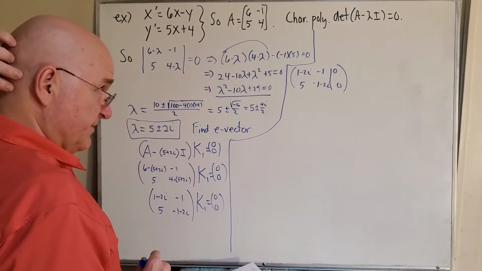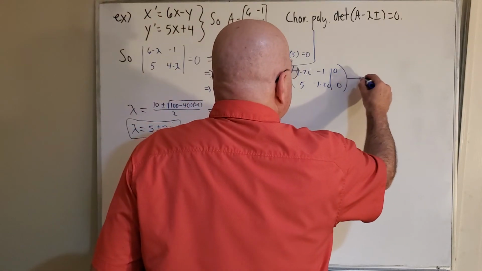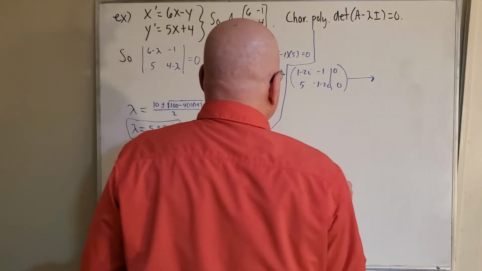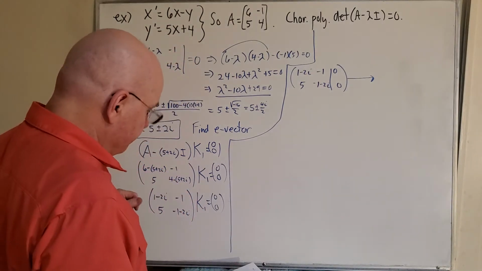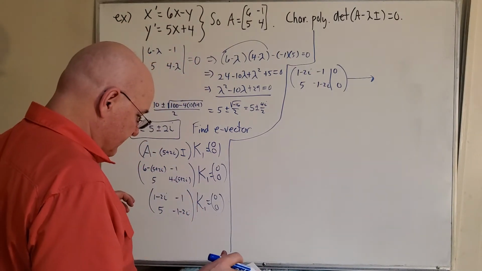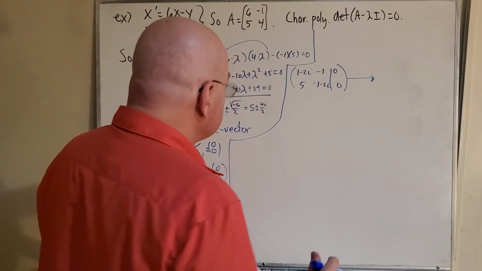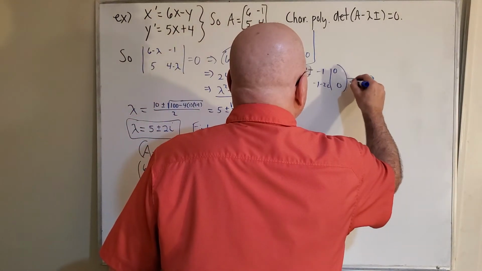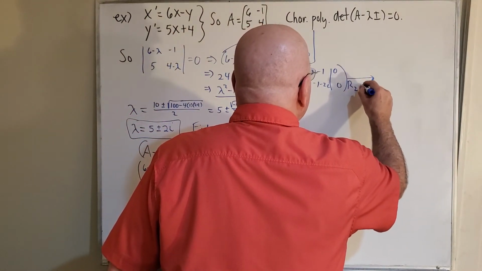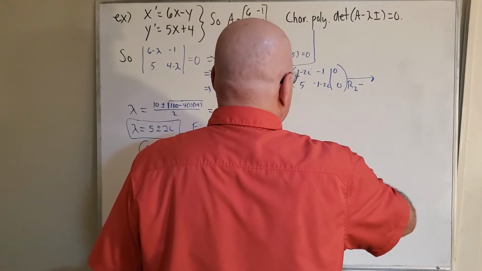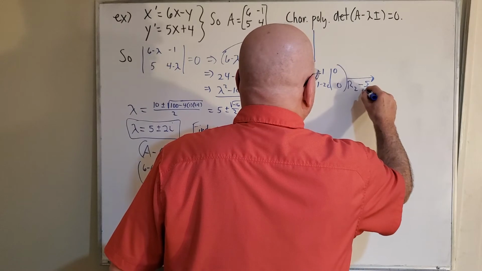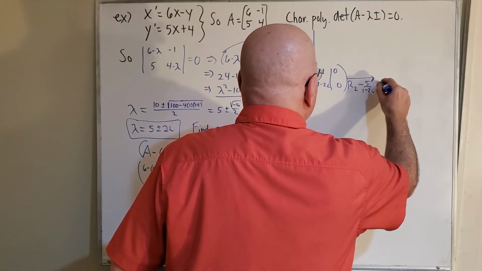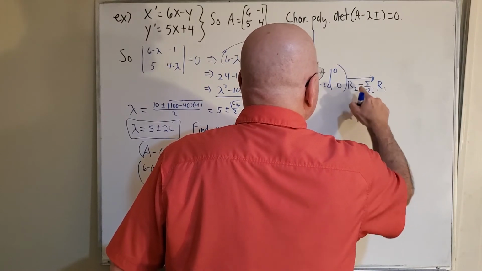And we have to row reduce. So I need the 5 to become a 0. So my multiplying factor is going to be 5 divided by 1 minus 2i. So I'm going to say row 2 minus 5 over 1 minus 2i, row 1.